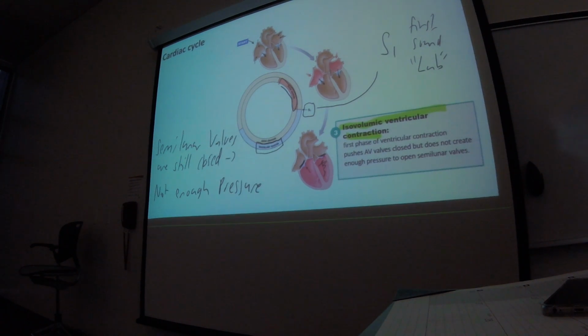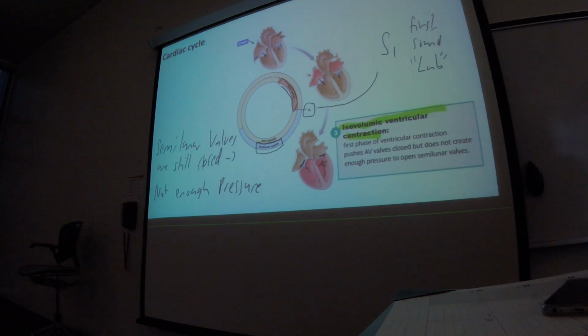So in a sense, the aortic and pulmonary valves are acting like mechanical gateways. They're not going to let blood go by until you reach a certain pressure, and once you hit that pressure, the valves open.